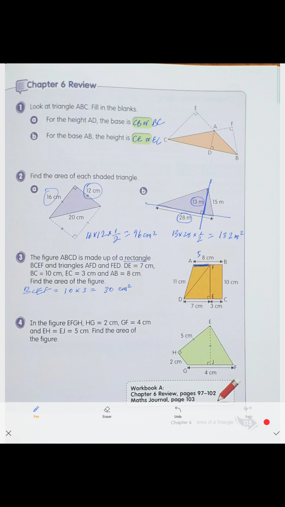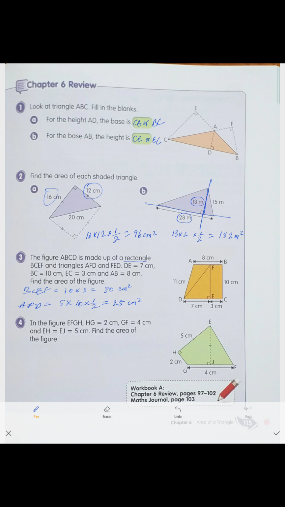And we know the height if we extrapolate it like this, and the height is 10 centimeters, right? Triangle AFD is 5 times 10 times 1/2. It's gonna be 25 square centimeters.